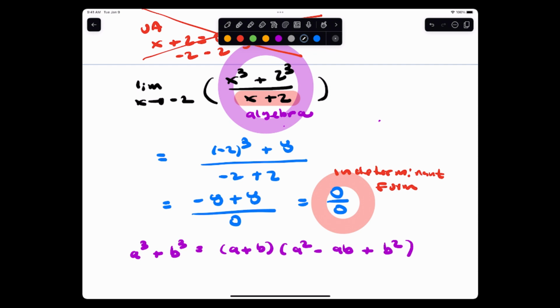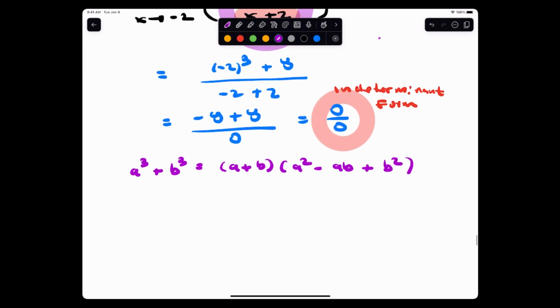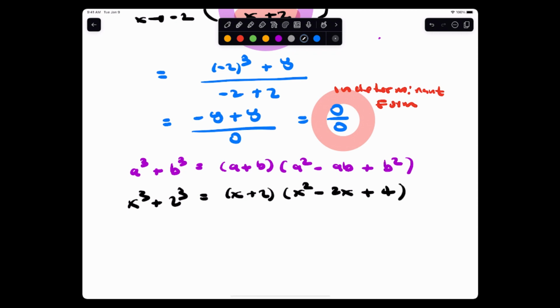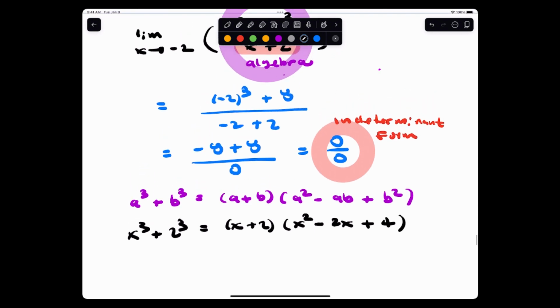So the numerator can, in fact, be factored. How do I factor it? X cubed plus 2 cubed. I'm going to use this formula. X plus 2 times x squared minus 2x plus 2 squared, which is 4. Okay?